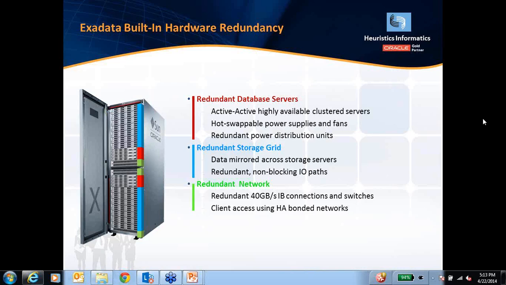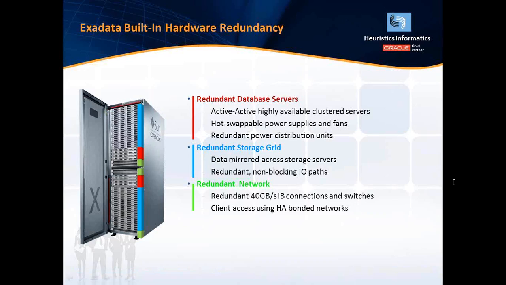So you are not compromising on performance, but being able to put different types of workloads onto the same Exadata machine. And then you've got the redundant network. Every network component on the Exadata database machine is redundant, using either bonded or IPMP configurations.